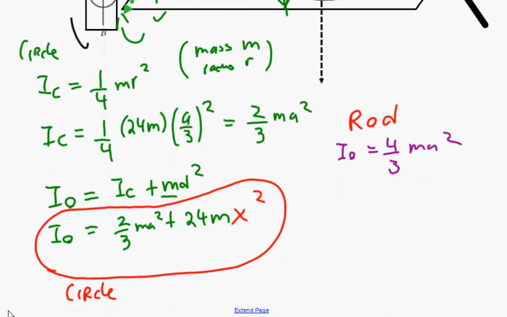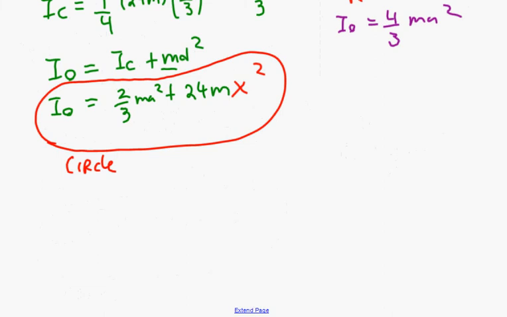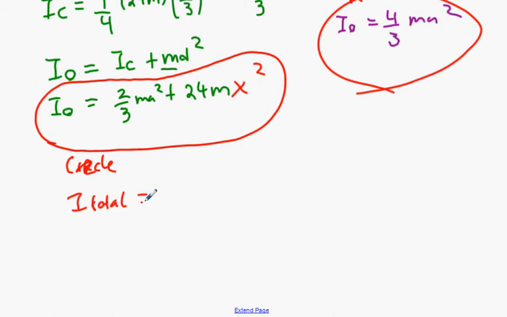Okay, going to add the two red circles together. So what we're going to get is this one here added to this one here. So we're going to get I total. I'm just going to cut to the chase with this. I total is going to be 2m(a squared plus 12x squared).